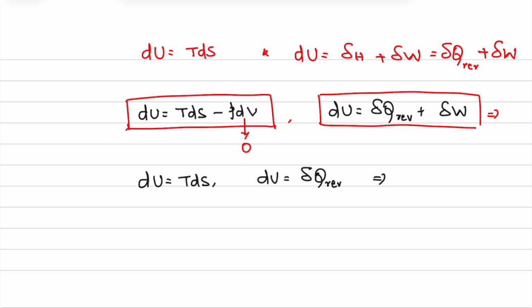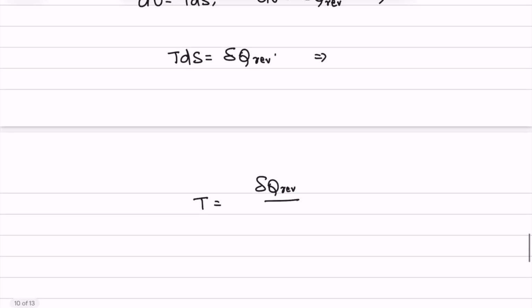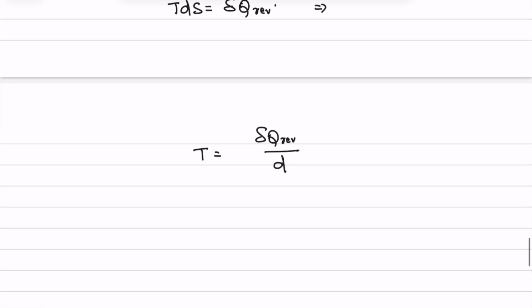That means TdS is equal to delta Q reversible. That implies temperature is equal to delta Q reversible by dS.